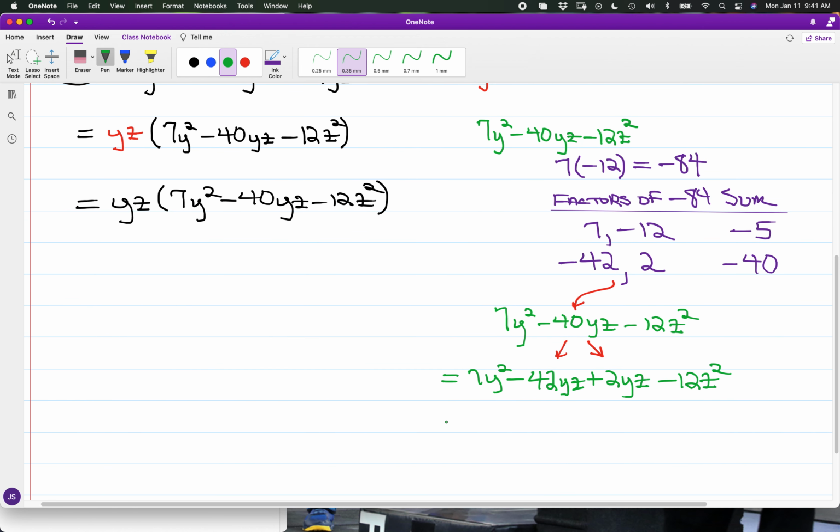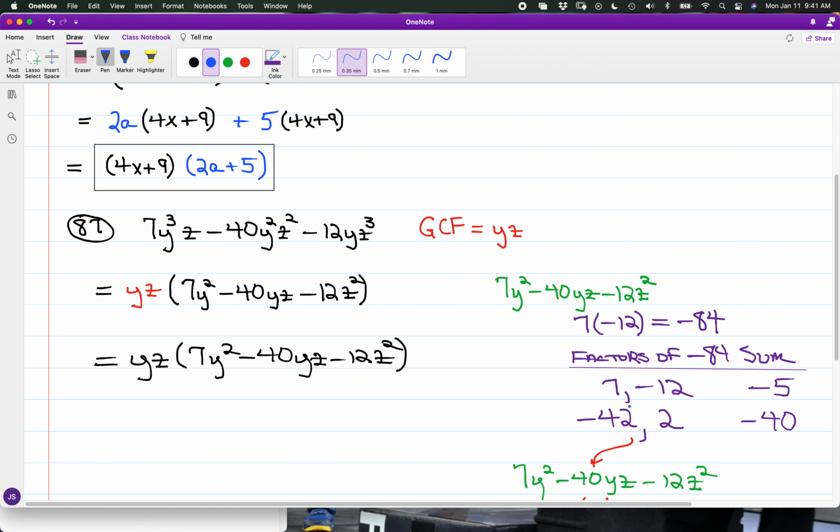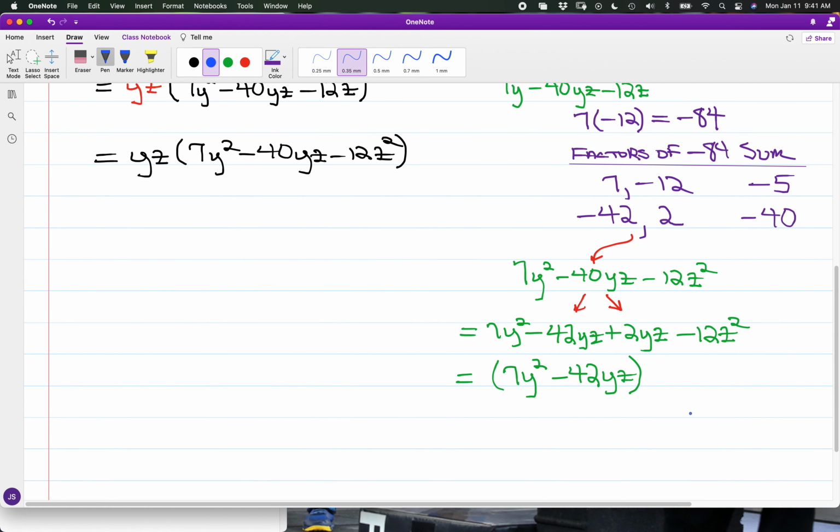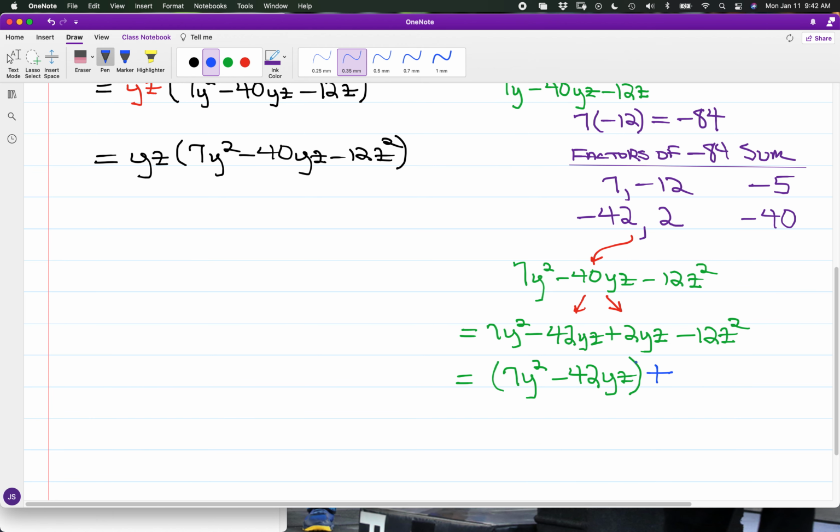And thus we are entering the stage of factoring by grouping. For the grouping, with the first two terms, we have 7y squared minus 42yz, and we have the operation of addition in the middle. So you have the quantity of 2yz minus 12z squared.